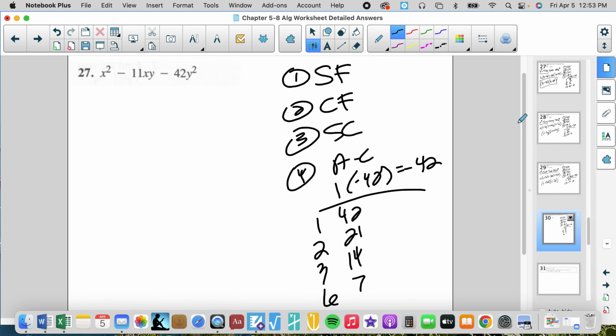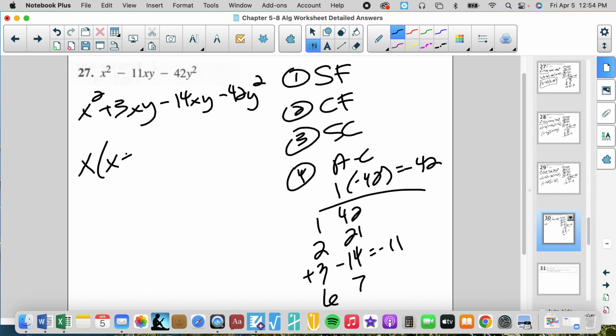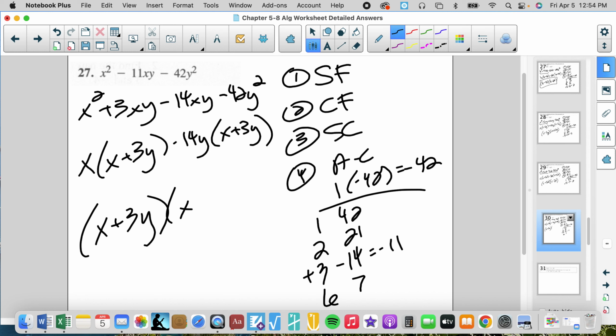Oh, bigger is negative. That's our negative 11. X squared plus 3xy minus 14xy minus 42y squared. Factor out an x plus 3y. Factor out a negative 14y. X plus 3y. X plus 3y times the quantity x minus 14y.